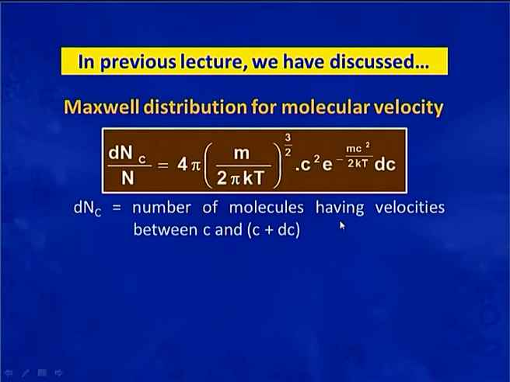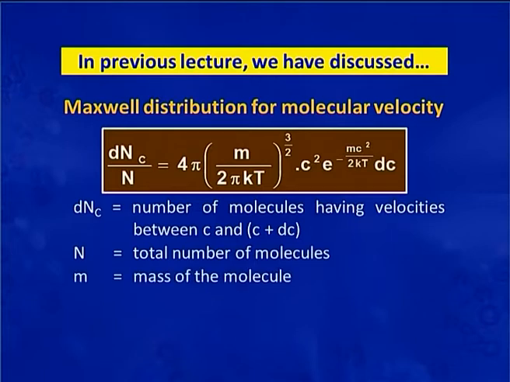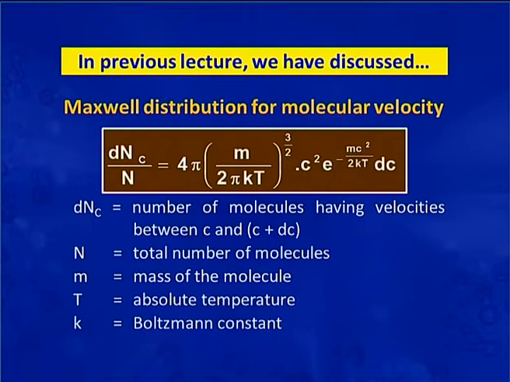Here dNc is the number of molecules having velocities between c and c plus dc, and N is the total number of molecules. m is the mass of the molecule, T is absolute temperature, and k is the Boltzmann constant.